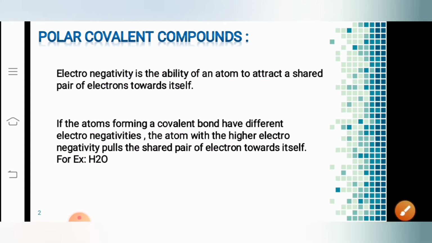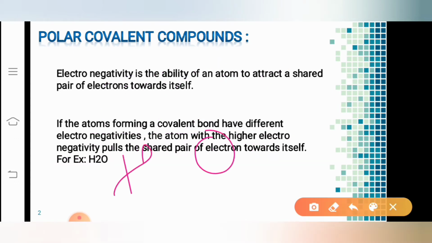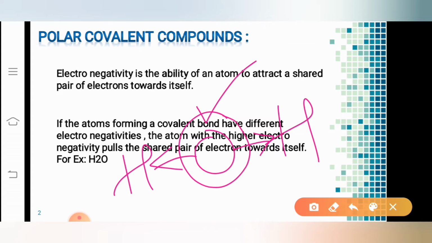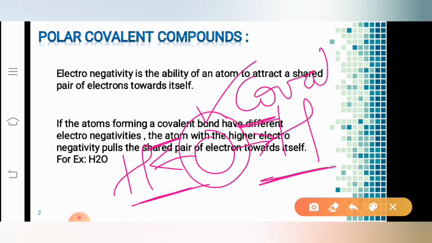I repeat, oxygen has 6 valence electrons. It pulls the valence electrons from the hydrogen towards itself. The reason is oxygen has higher electronegativity. Clear? So oxygen pulls the electrons from the hydrogen. Thereby, they share the electrons and the bond formed between them is the covalent bond. Clear?